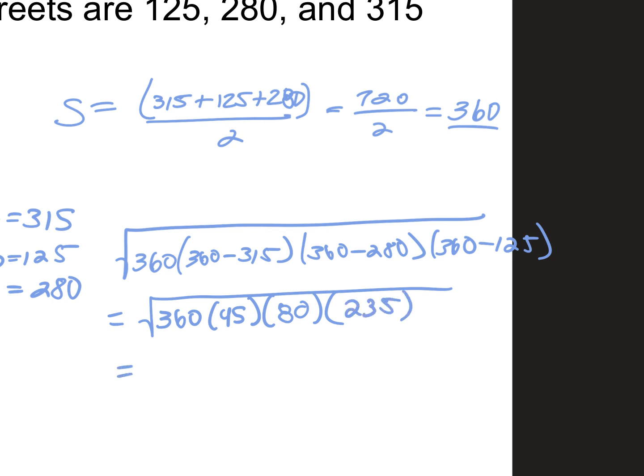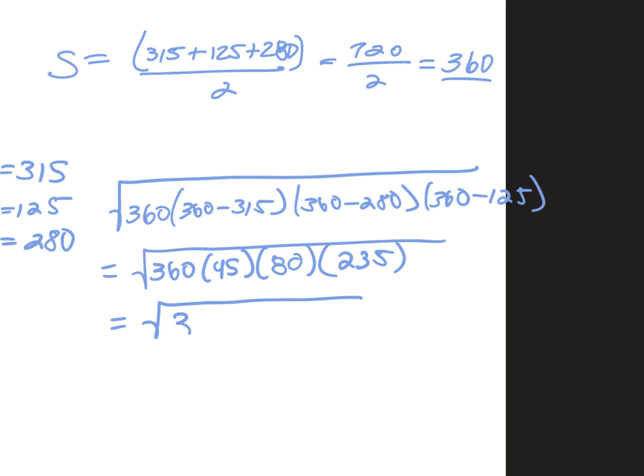Now what do I do with all those numbers underneath that radical? I multiply them. So you're going to get a big number, guys. 360 times 45 times 80 times 235. Whoa. $304,560,000.